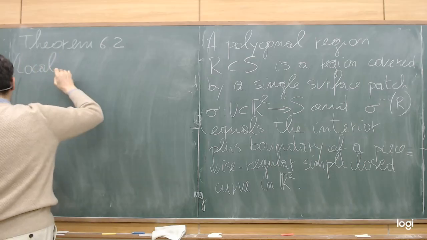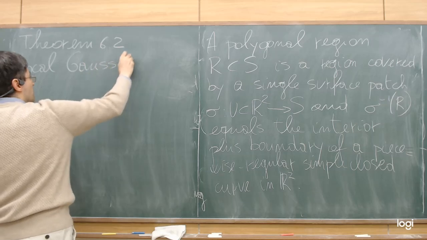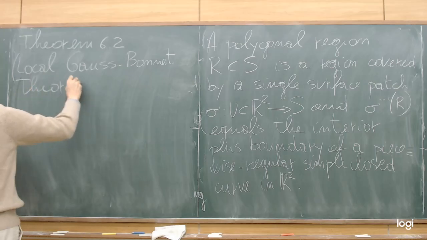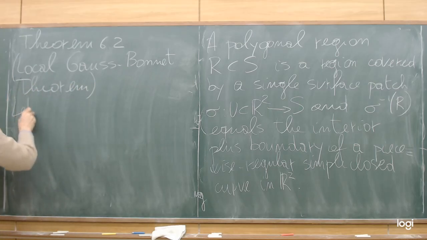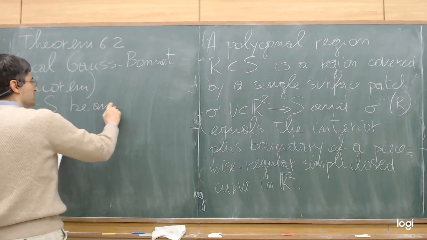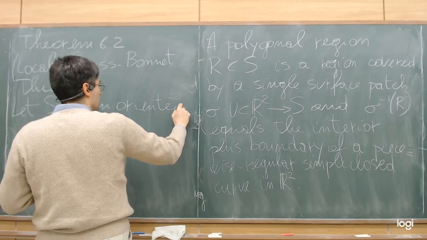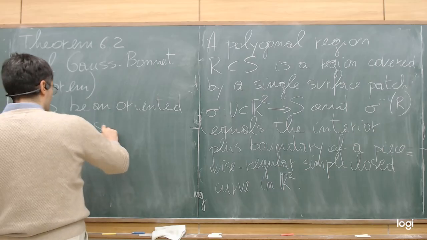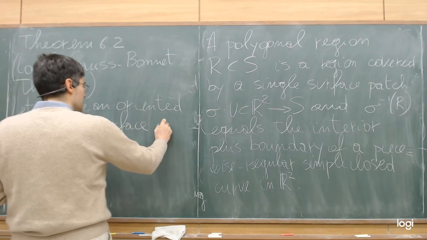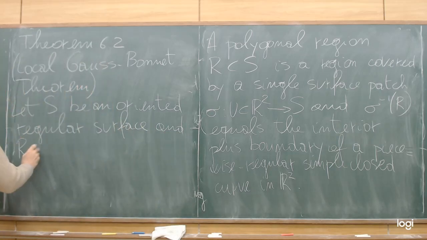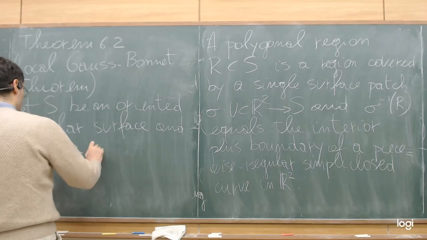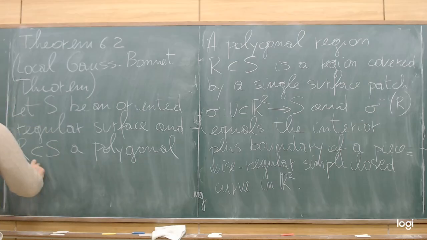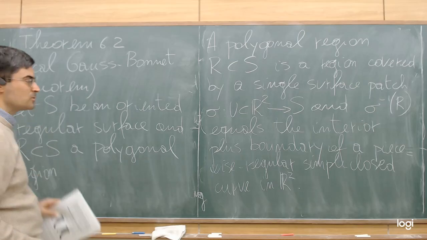Local Gauss-Bonnet theorem, which says that let S be an oriented regular surface and R containing S a polygonal region whose definition has been given here.